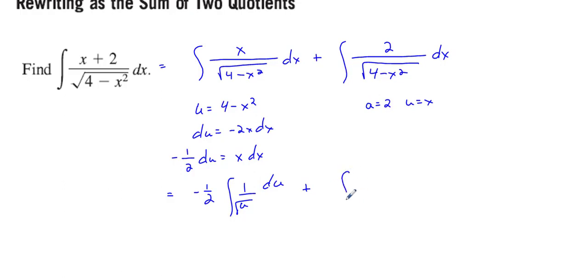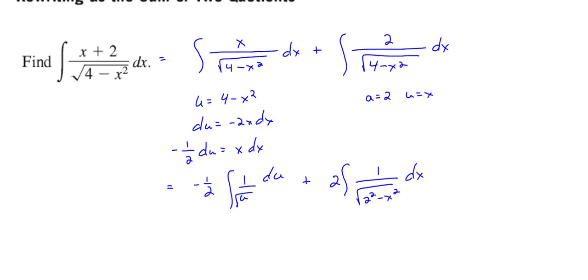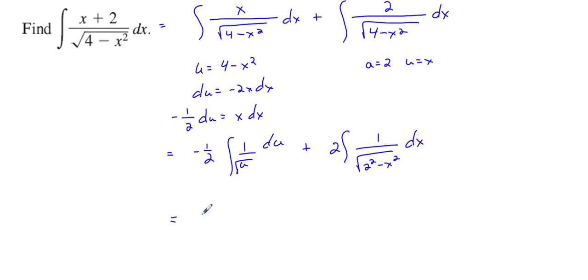Plus, I'll move that 2 out in front. 2 times 1 over square root 2 squared minus x squared dx. So negative 1/2. All right, this is u to the negative 1/2, right?